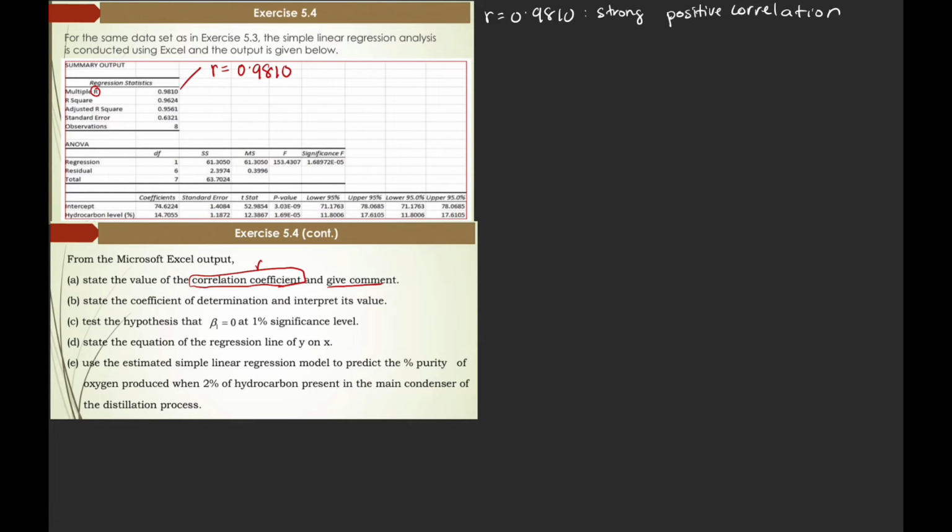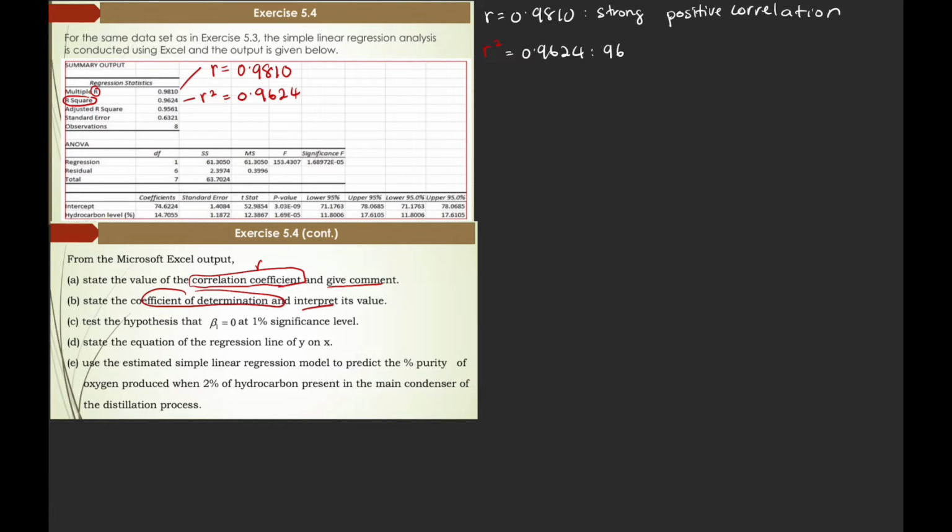Next, state the coefficient of determination and interpret. The coefficient of determination for simple linear regression is R square. So R square equals 0.9624.